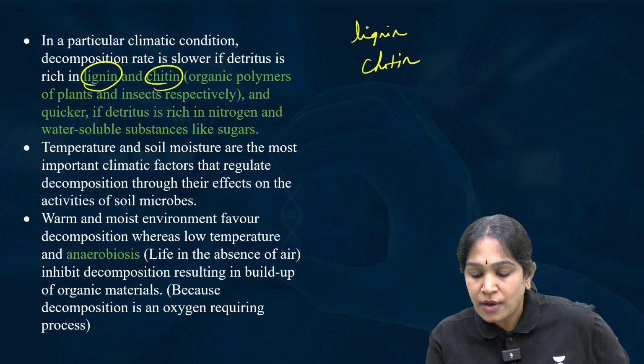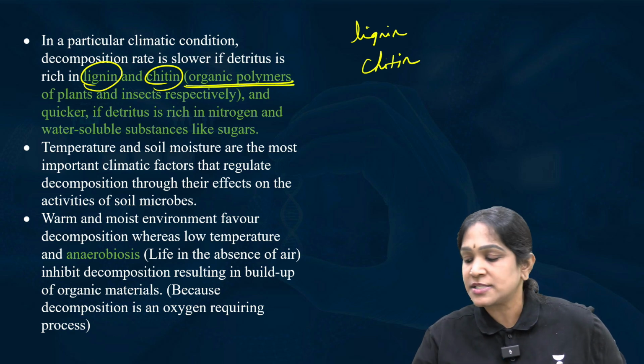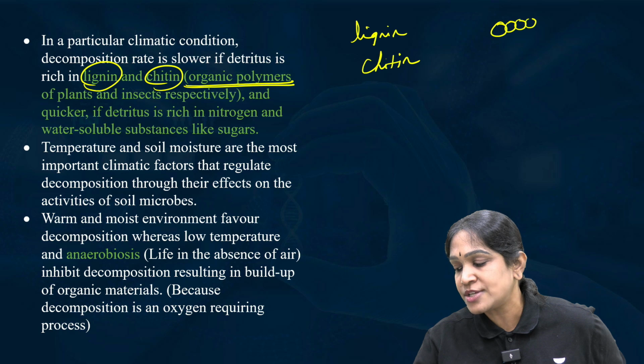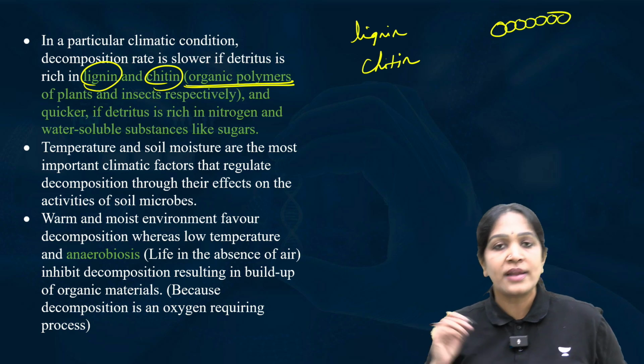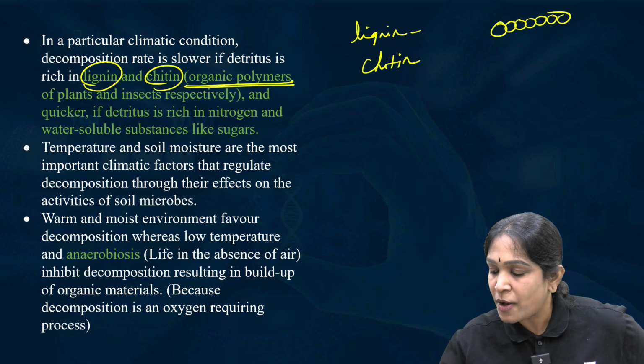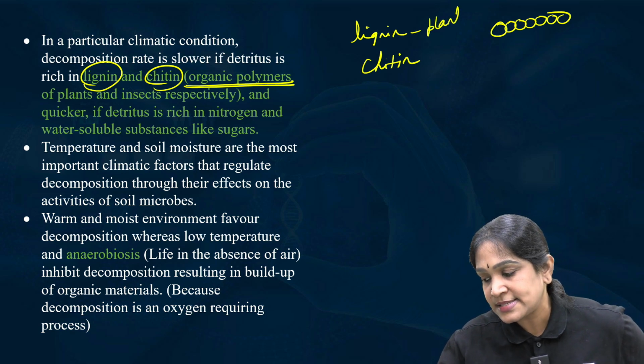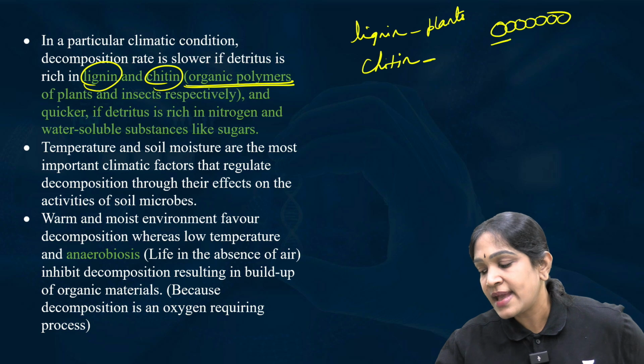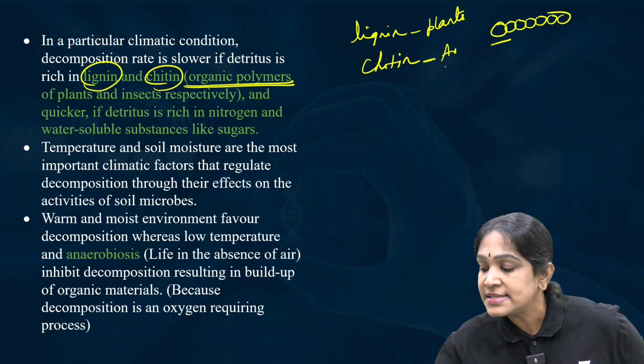They both are organic polymers. Polymer means what? Like a chain. Lignin is an organic polymer in the plants. Chitin is an organic polymer in the insects.